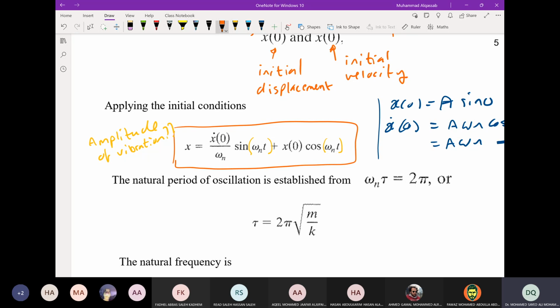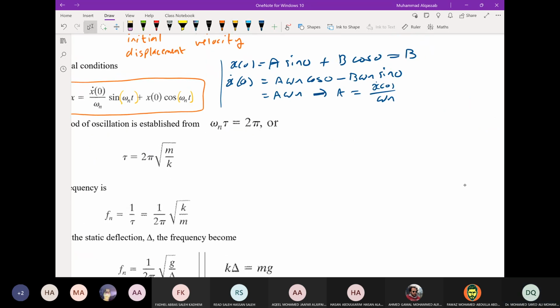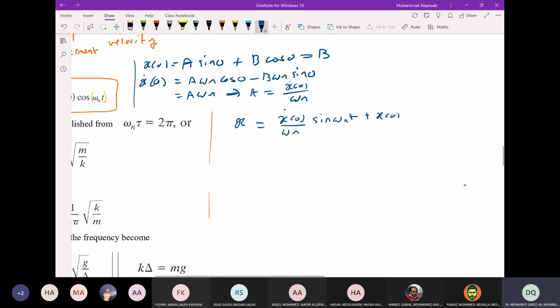Now the amplitude. If we just rewrite the solution here, x equals x dot at 0 divided by omega n sine omega nt plus x at 0 cosine omega nt.